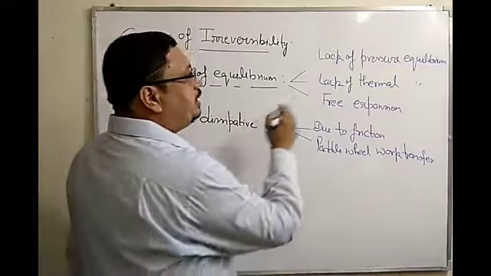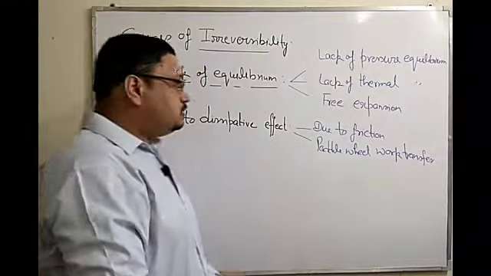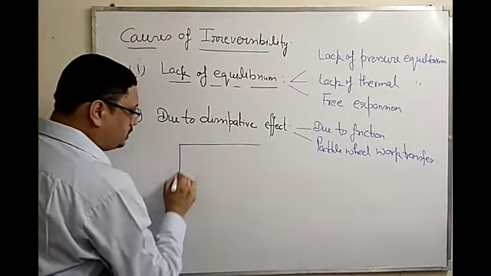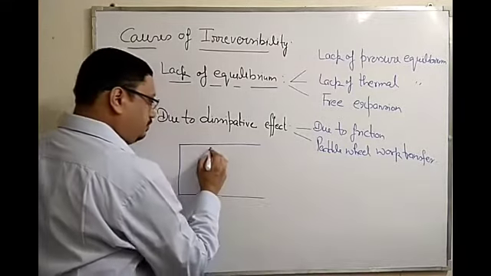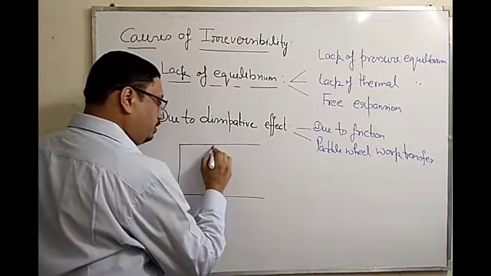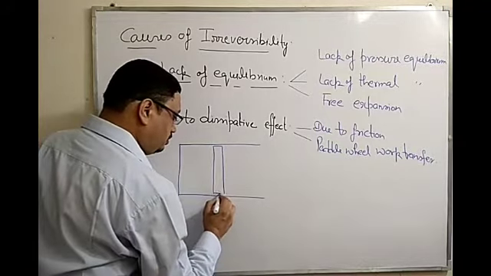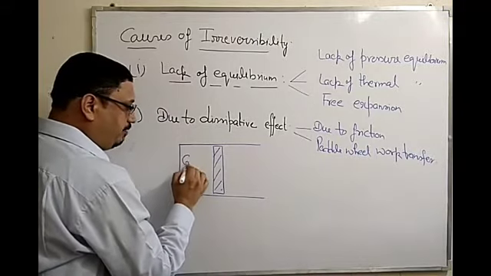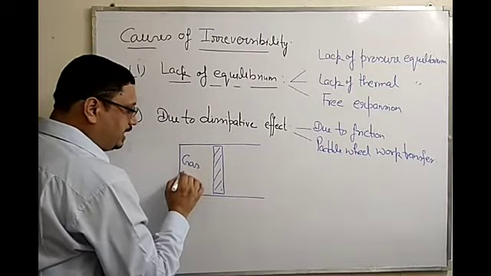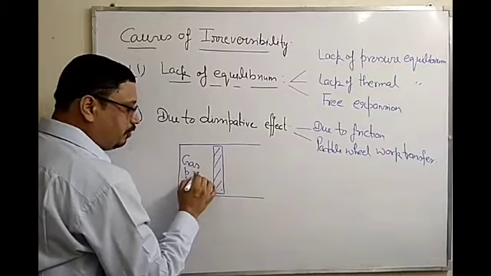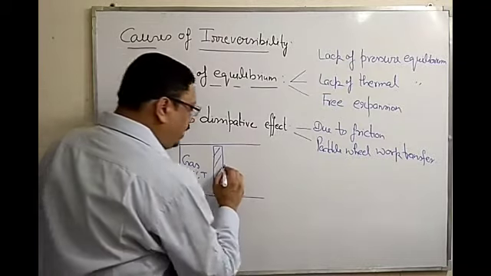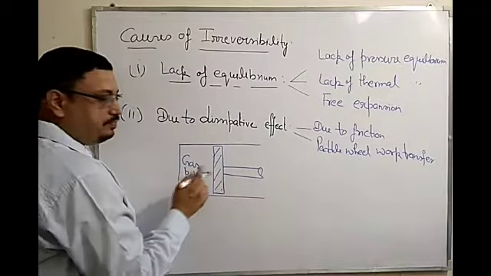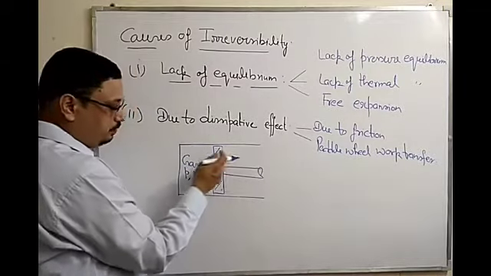So first we are taking lack of pressure equilibrium. If we have a system like a piston cylinder assembly, and we have a gas here. This gas has a pressure, volume, temperature, and we are considering that the pressure of this gas is higher than the atmospheric pressure.